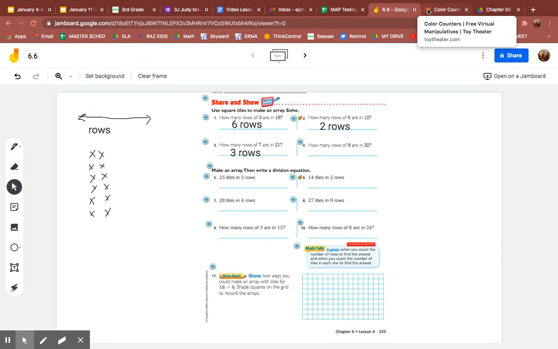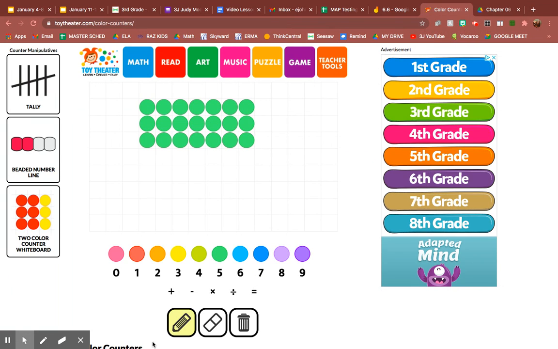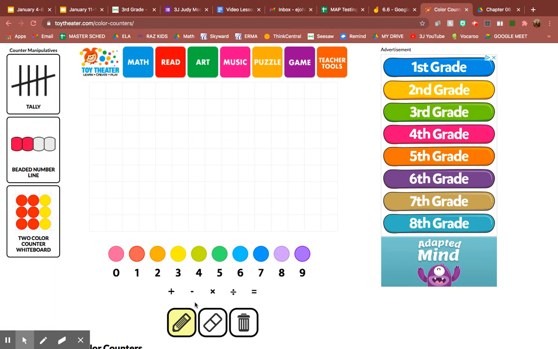All right, so hopefully you have an answer now. It says how many rows of 8 are in 32? So I'm going to make rows of 8 until I get to 32. So 1, oops, I did not mean to do that. I don't know how that happened. Okay, 1, 2, 3, 4, 5, 6, 7, 8.